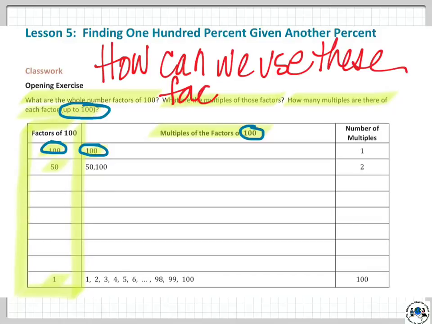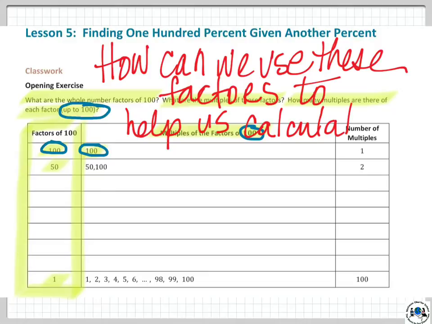The big question we're going to ask ourselves is, how can we use these factors to help us calculate percents? They're going to come in extremely handy.